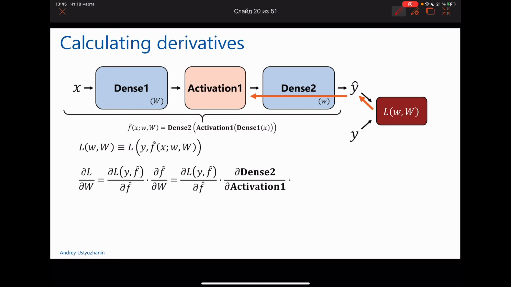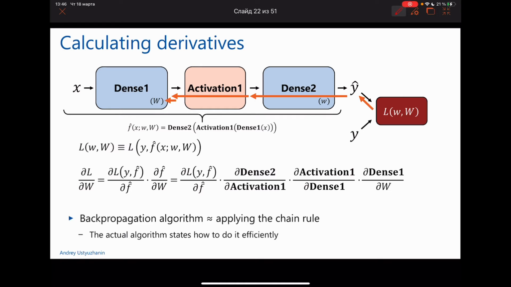So you add the derivative of the dense 2 layer with respect to the activation argument, and then you multiply it by the derivative of the activation by the parameters of the dense one, and then you conclude with the final term, the derivative of dense 1 by the weights of the dense 1.